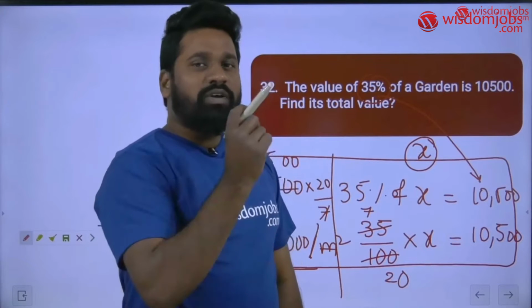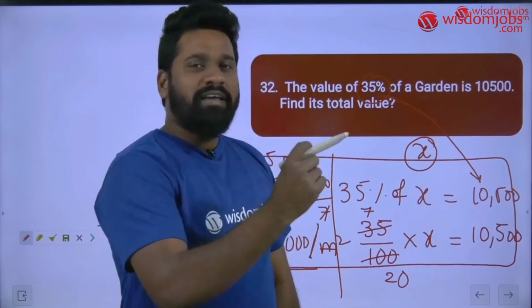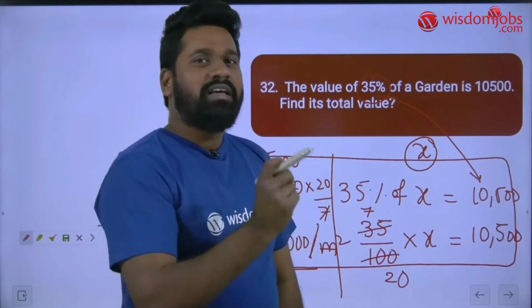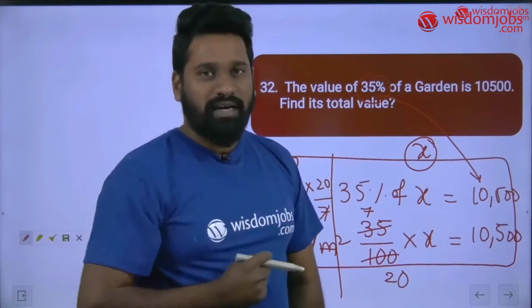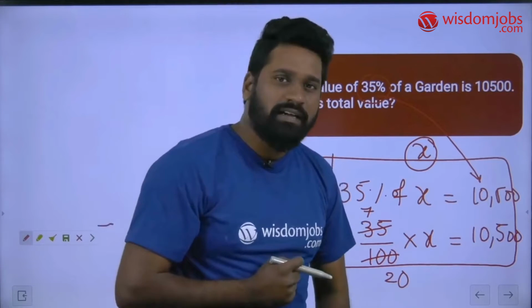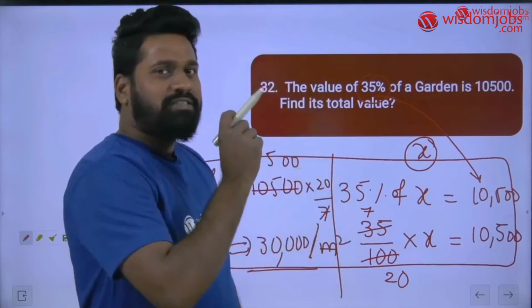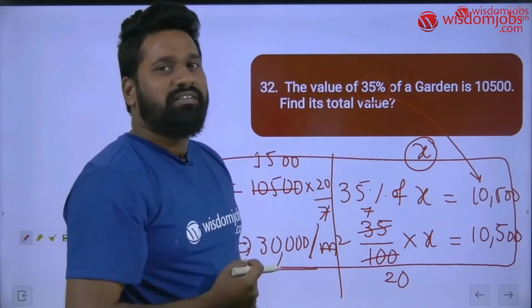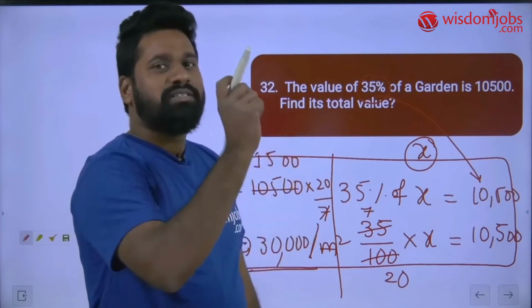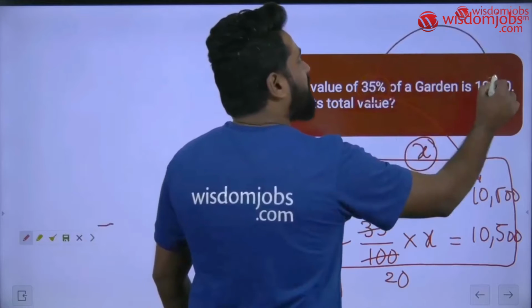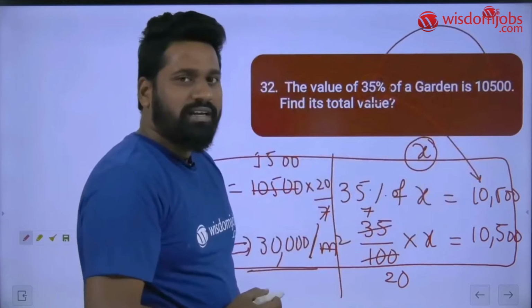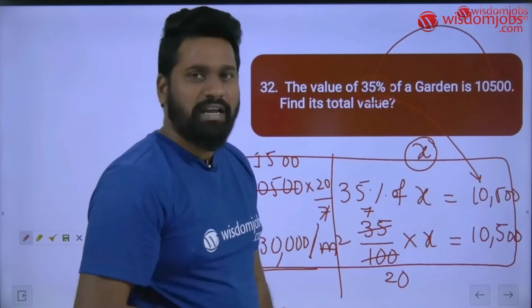If you take any garden or any number or anything, its original value is always represented by 100%. Is it clear? So if you take anything, its initial value, its total value is represented by 100%. It's clearly mentioned that 35% is 10,500, where you have to find the 100% value, that's it.